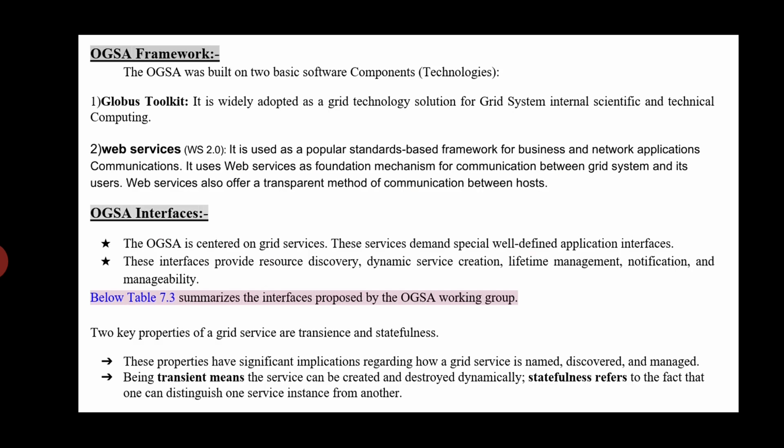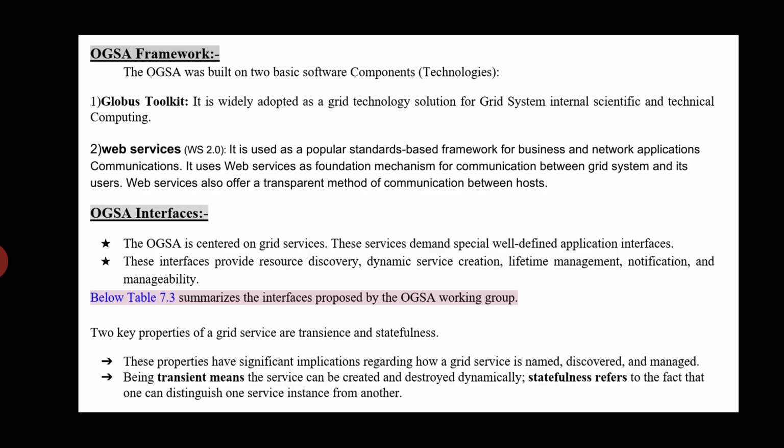The first one is the Globus Toolkit, and the second one is web services. First of all, we have to learn the Globus Toolkit. It is widely adopted as a grid technology solution for grid systems, internal scientific and technical computing.